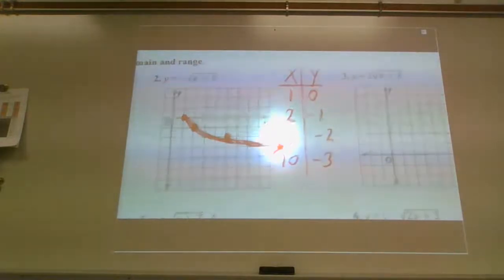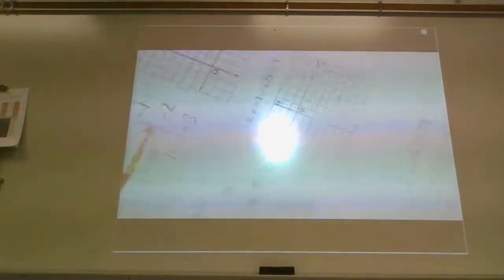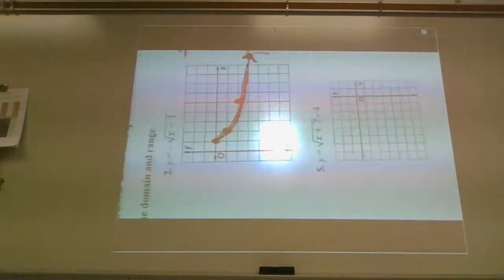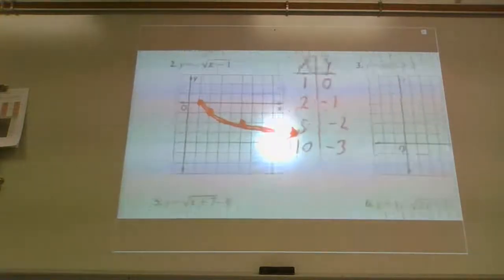The square root function is a parabola on its side. It's half of a parabola on its side. So if you imagine, I can turn my paper right here. You can kind of see half of that parabola now by turning it sideways. Yeah, that's what I want. It should be curved, like half a parabola on its side.